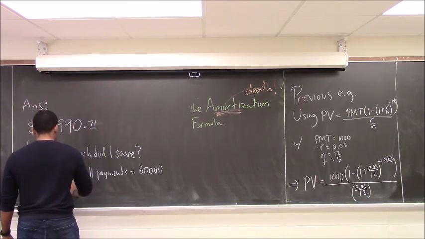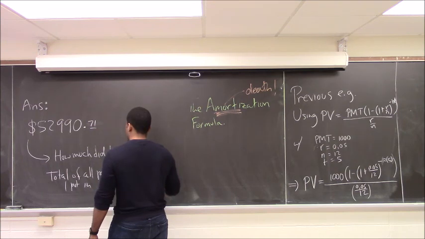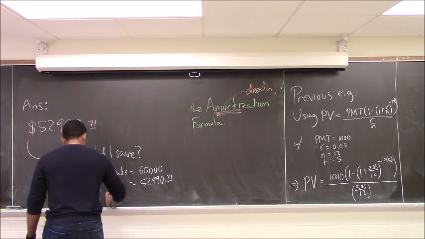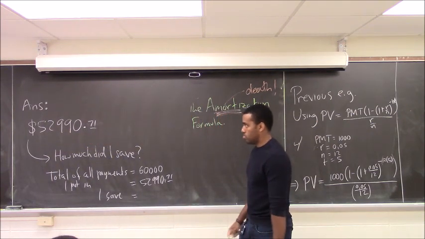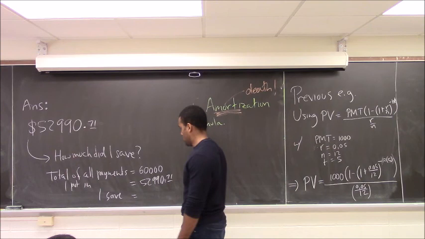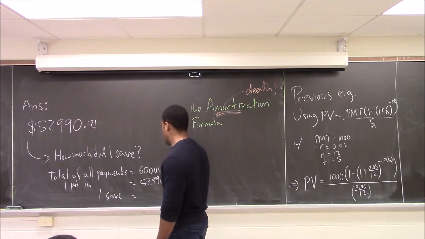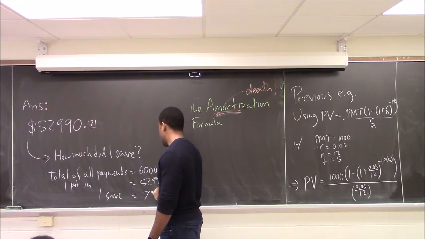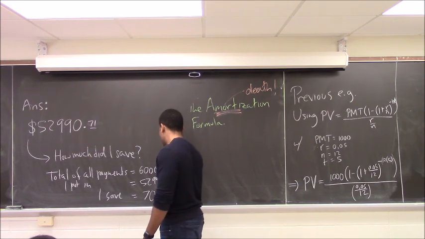And I put in 52,990.71. So therefore I save, it's going to be 7,000 something. Like $7,010. $7,009 and something.